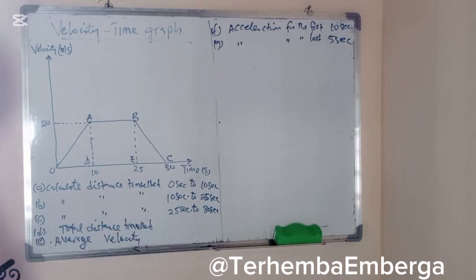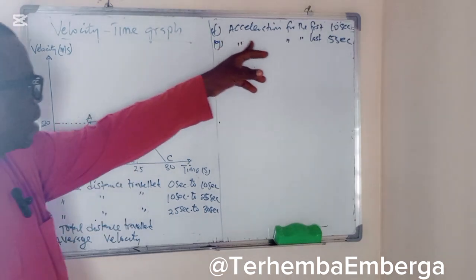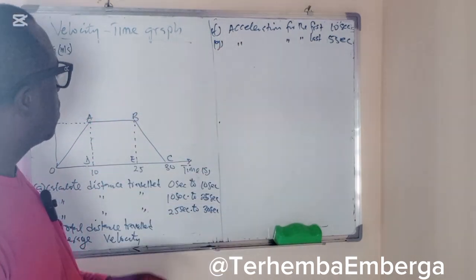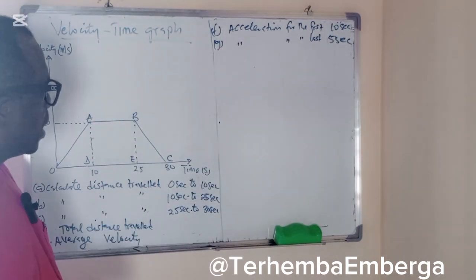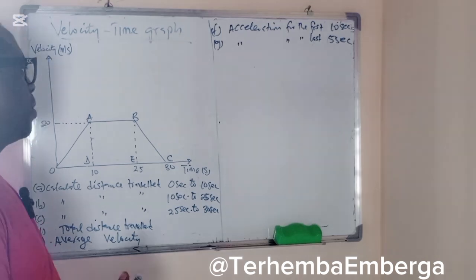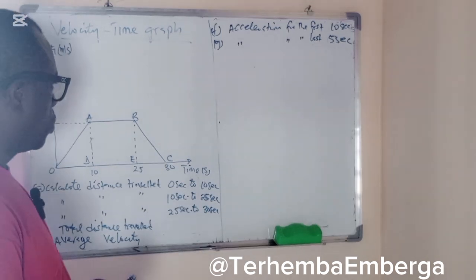Then the total distance traveled, the average velocity, the acceleration for the first 10 seconds, and then the acceleration for the last 5 seconds.